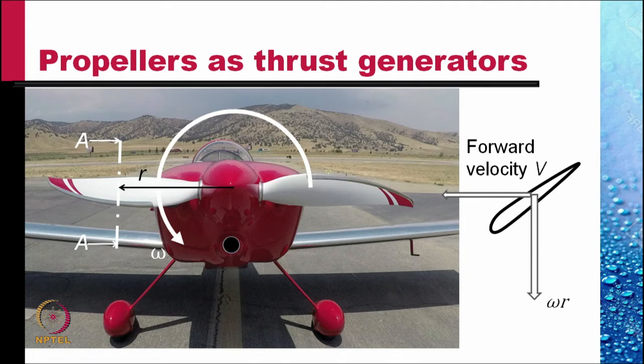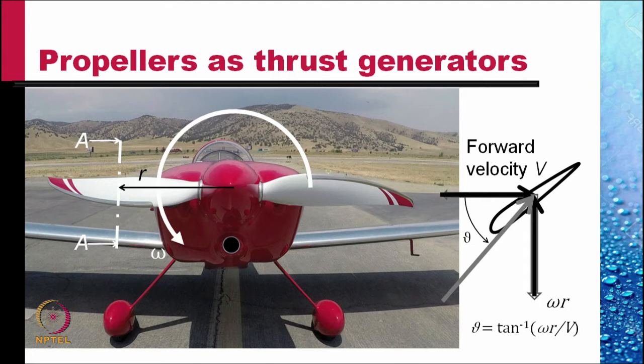Now, in a frame of reference fixed with the propeller, we can consider the velocities to be in the reverse direction, so that the resultant velocity vector to the aerofoil is like this. Now, this means that we have an aerofoil that is flying into a wind at a small angle of attack.